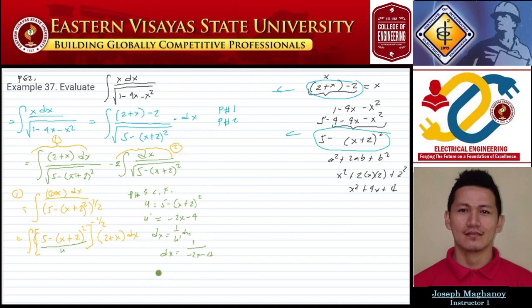But we can still rewrite this du. So dx is also equal to, we carry out 2, negative 2 quantity x plus 2. Negative times negative is positive 2.